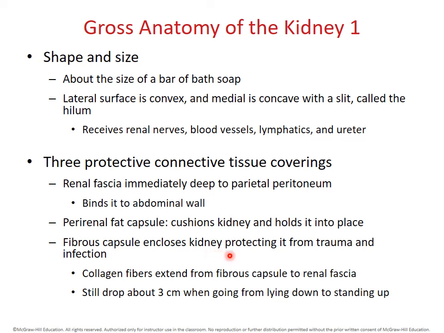It does help protect the kidney from trauma a little bit, though not nearly as much as the perirenal fat and the renal fascia. It's more important in protecting the kidneys from infection because it is a continuous barrier that microbes like bacteria and viruses would have a difficult time penetrating if it is intact.